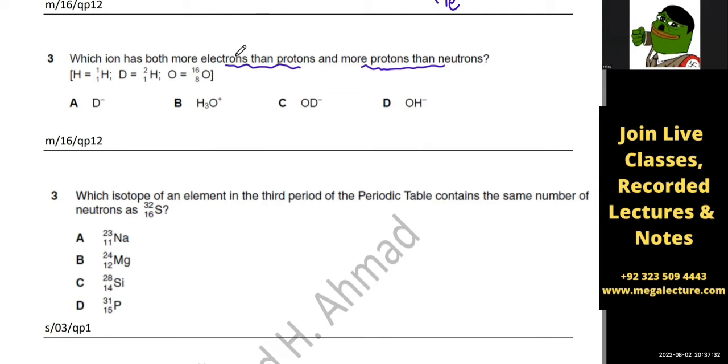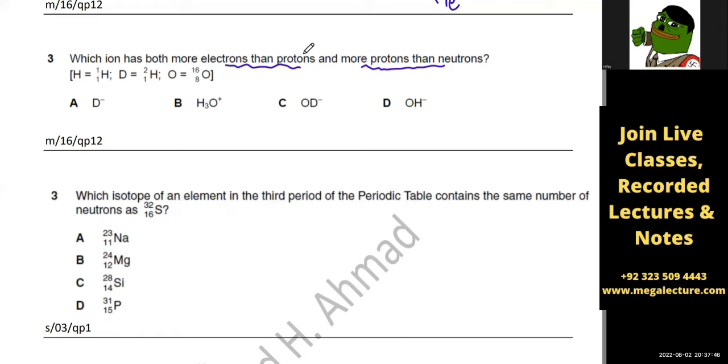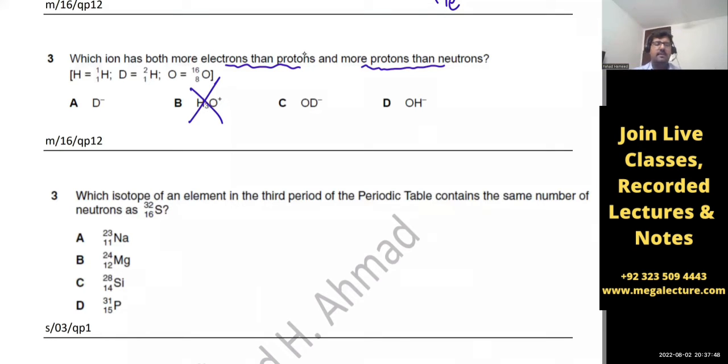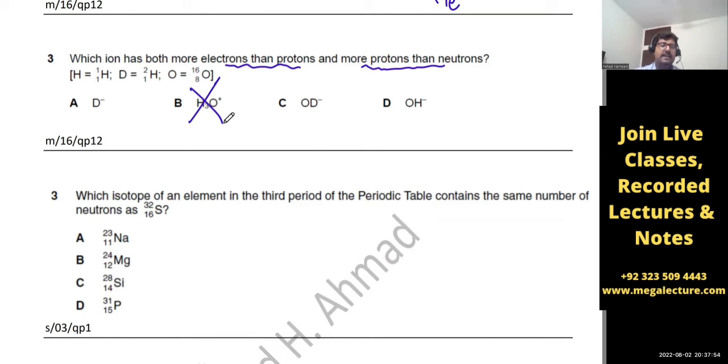It's not an atom, right? What is it if it's got more electrons than protons? Is it a positive ion or is it a negative ion? Negative ion. बस ये निकल गया, ठीक है, चला गया. Positive. नहीं, more electrons than protons is negative, ठीक है. तो positive वाला ये निकल गया, ठीक है. That's out of the question.